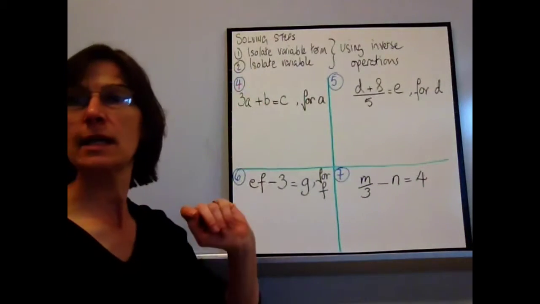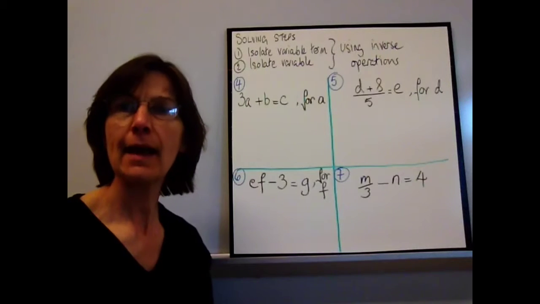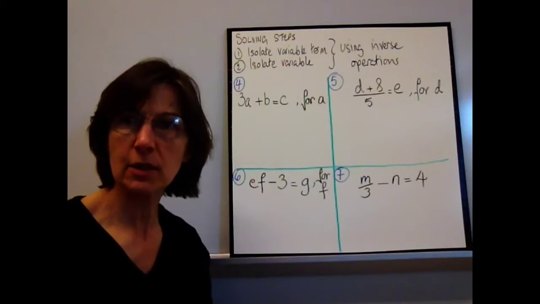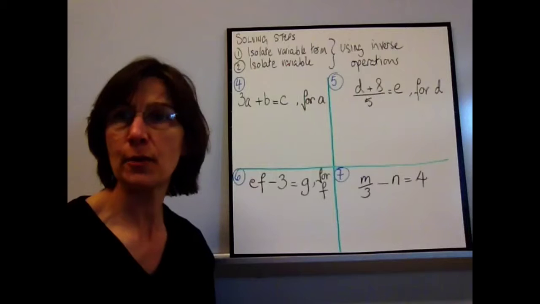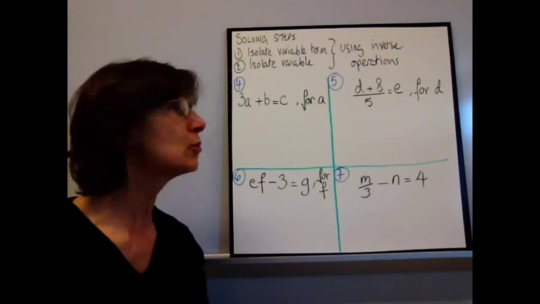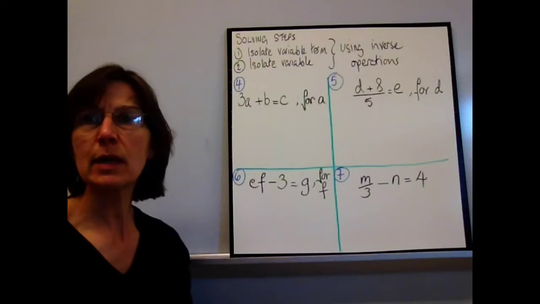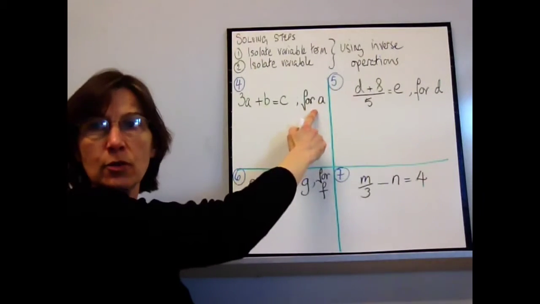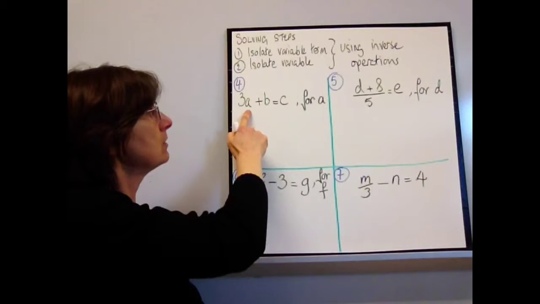Here's the general idea. Here are our solving steps. We want to isolate our variable term and then isolate our variable, just like we do when we're solving regular multi-step equations. Don't let the preponderance of variables get in the way. Just do exactly as you would normally do. So here we've got one, 3a plus b equals c. And after it, it indicates what we would like you to solve it for. We'd like you to solve it for a. We want to get a on its own.